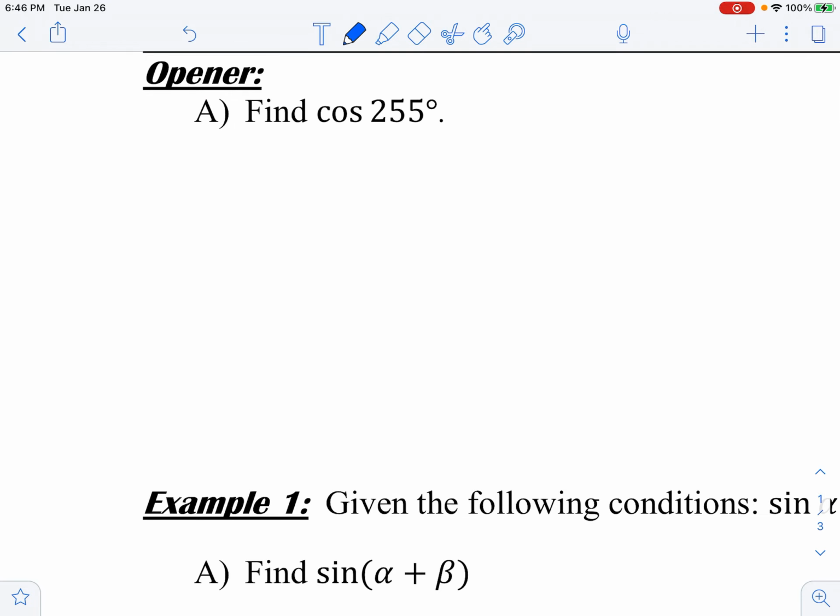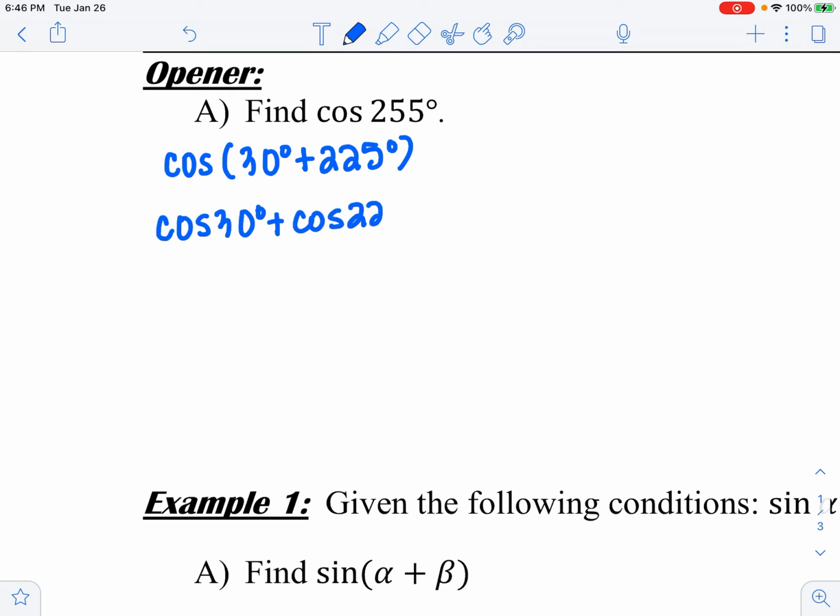Okay, so let's start with this first one here. I said I was going to use 30 and 225, so I'm going to change this to cosine of 30 degrees plus 225 degrees. So I'm using the cosine sum formula. Cosine goes cosine, cosine, sine, sine, change the sign. So I'm going to do cosine of 30, cosine of 225.